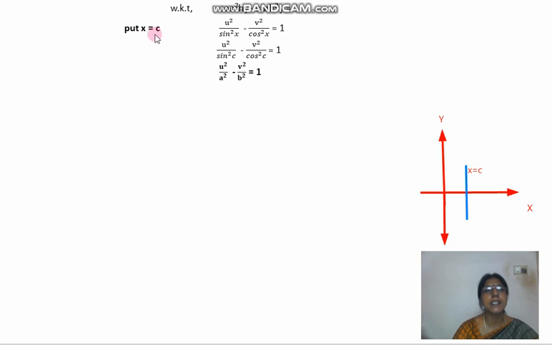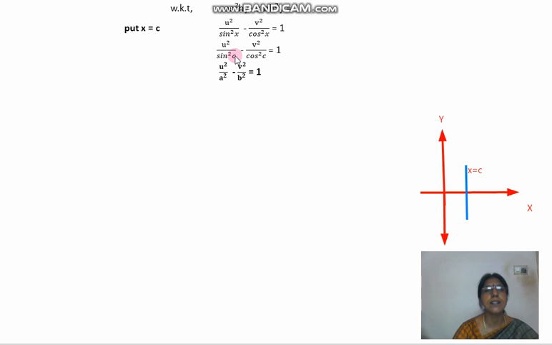Now you put x = c, which is the curve in the z plane. Put c in place of x. Now u² numerator as it is, in place of x put c, the denominator becomes sin² c, minus v²/cos² c = 1.